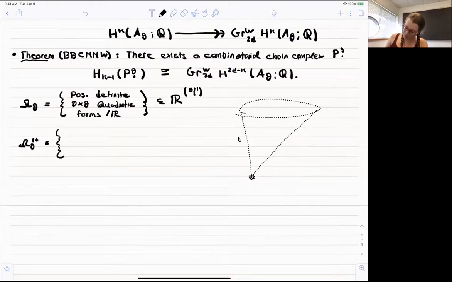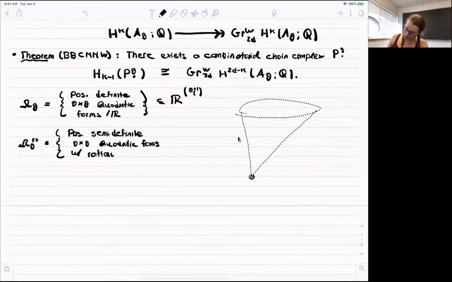It's going to be the set of positive semi-definite G by G quadratic forms, but I'm only going to take those positive semi-definite quadratic forms that have rational kernel.